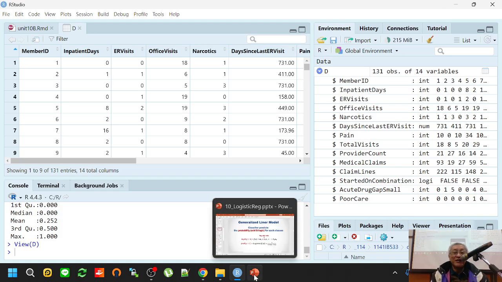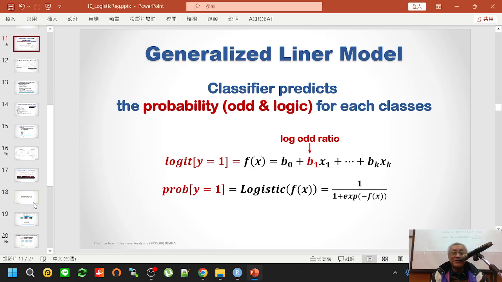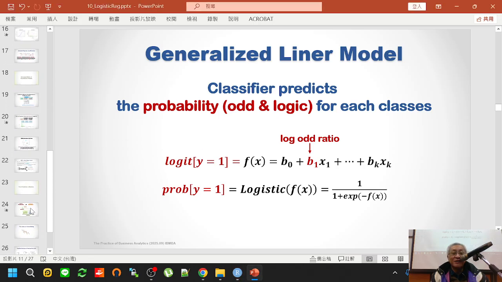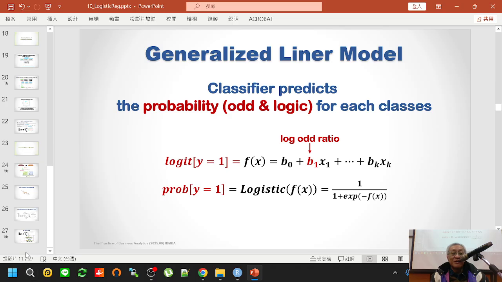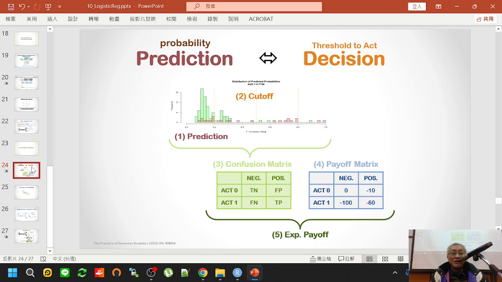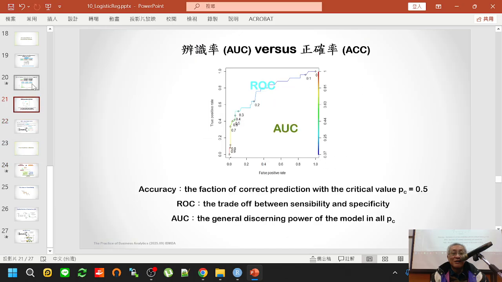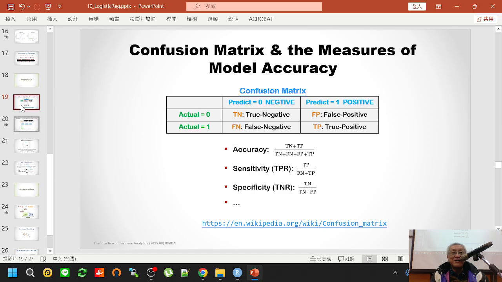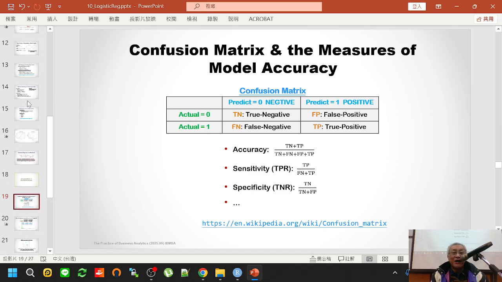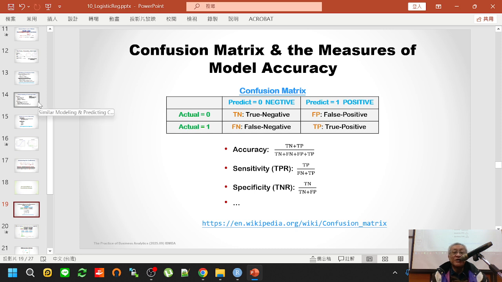So the basic idea is we build a model first, right? With this model, we predict the probability of poor care, and then when we can predict the poor care, we actually can find a way to deal with it, right?